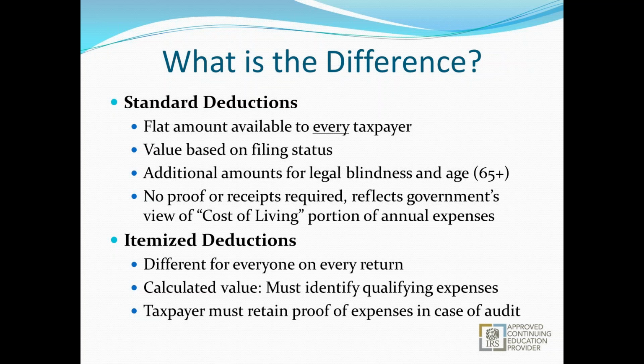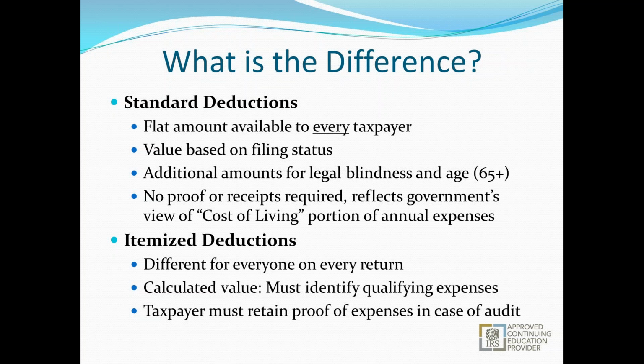As you start from single or married filing separate, move your way up to married filing joint, it's going to have a flat amount that's going to scale. There are additional amounts for legal blindness and age, in this case 65 or older. Either of those, or one or both, and it can also be applied individually to a spouse or both spouses or none, those can also raise the deduction amount.